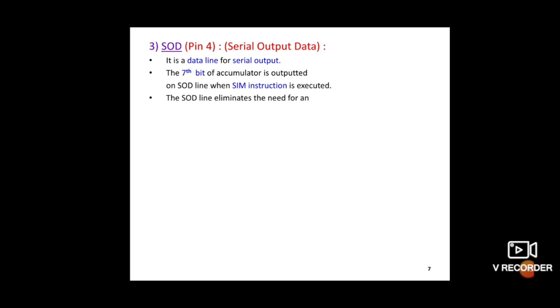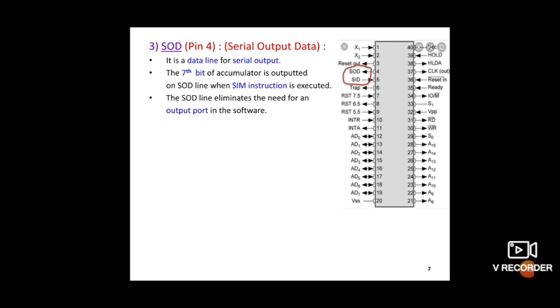The SOD line eliminates the need for an output port in the software. So when you want data sent out serially, SOD is used, and it is done from the accumulator by executing the SIM instruction. See this diagram, these two pins SOD and SID.